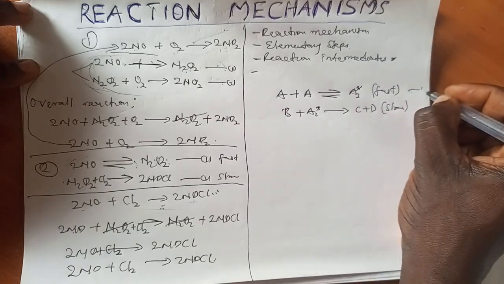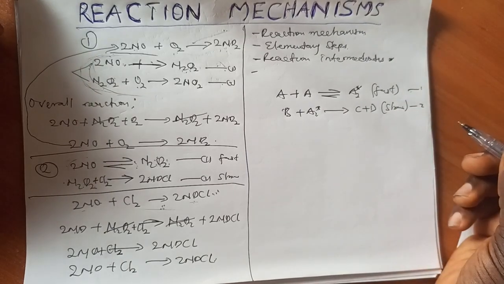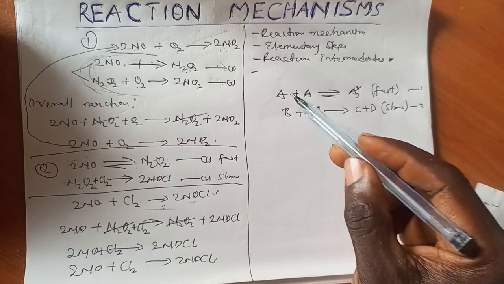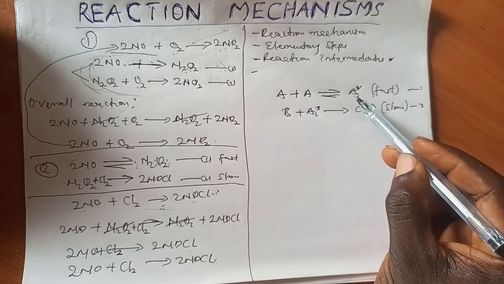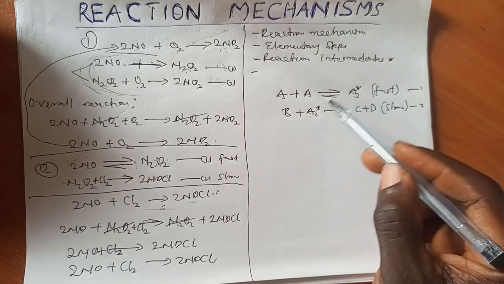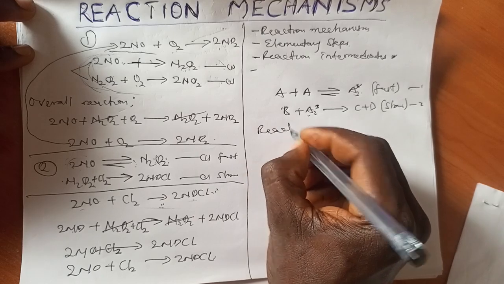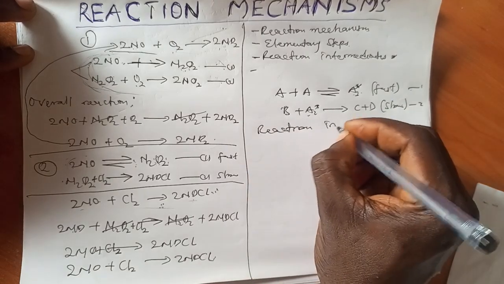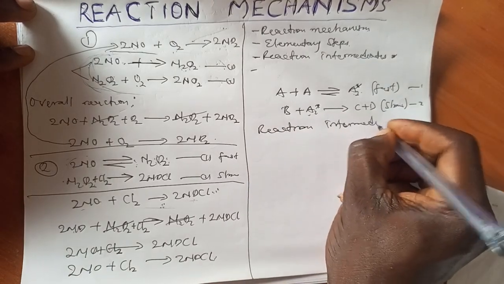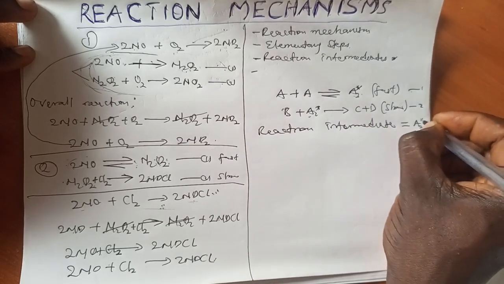This is step one, this is step two. How do you identify the reaction intermediate? It is the species that is produced in the early stage and then consumed in the later stage. So our reaction intermediate is equal to A2 star.